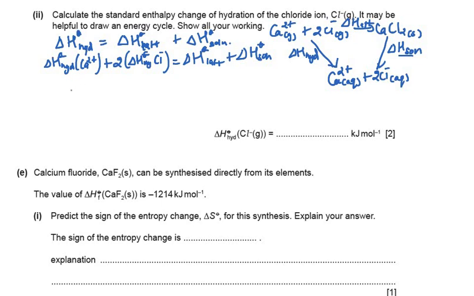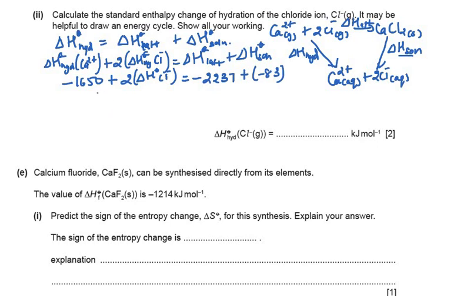Now if we substitute all the values, the value of hydration of calcium is minus 1650 from the table given above, 2 into the value of hydration of chloride ions, and the lattice energy is minus 2237, plus the enthalpy of solution is minus 83.